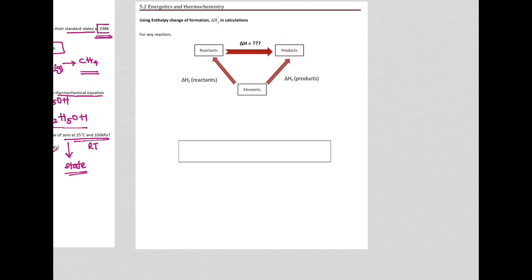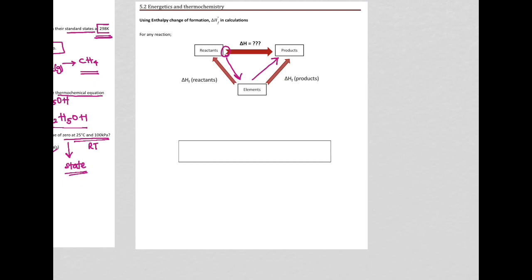So, we can have this Hess cycle where delta H of the reaction can be found from the delta HF of reactants and delta HF of products. If we use the same principle as we did before with Hess cycles, we start over here from the tail and we go to the head.